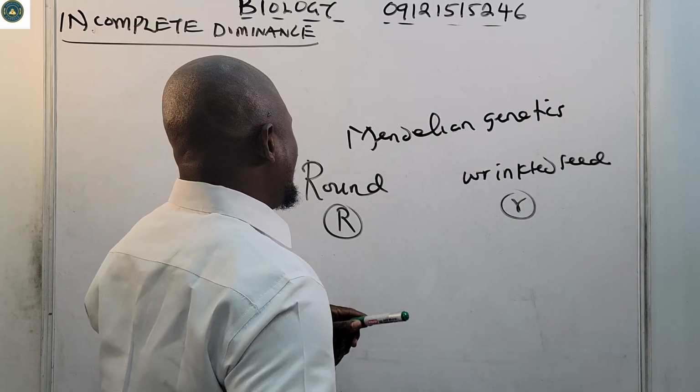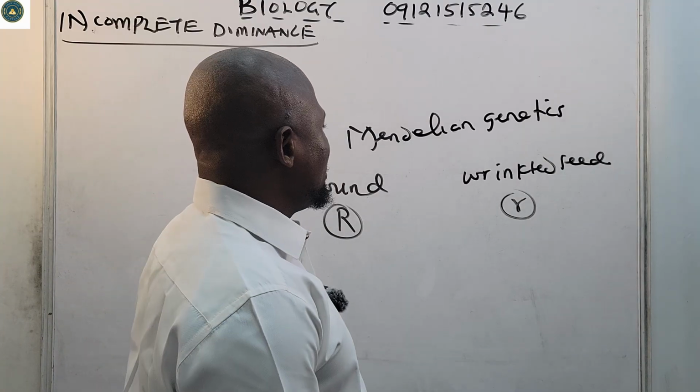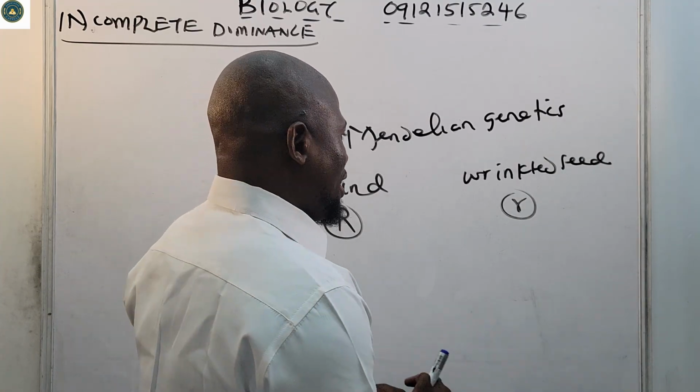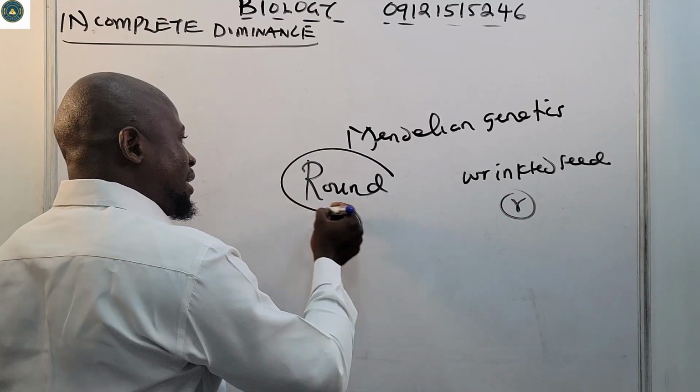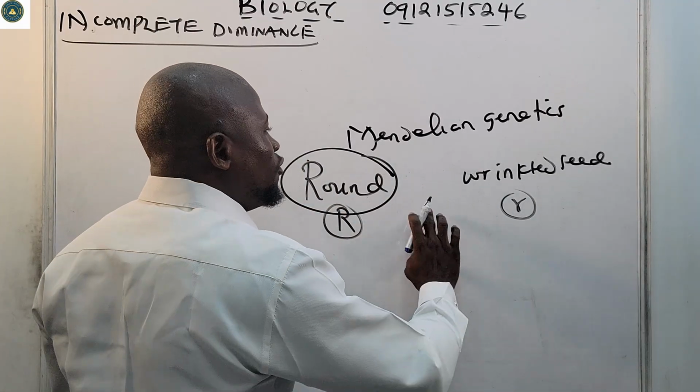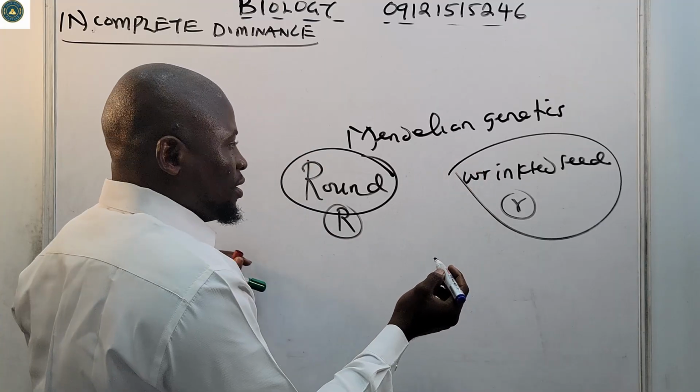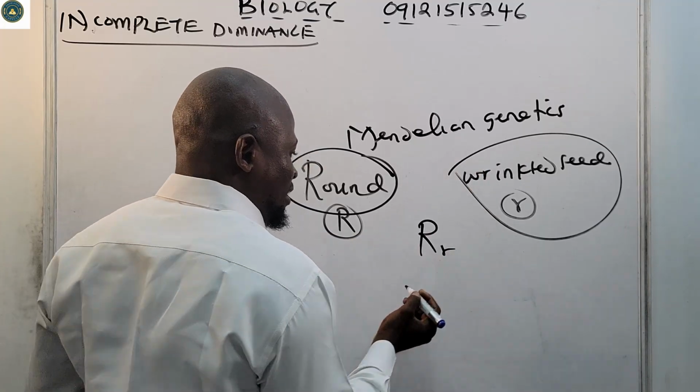Now, if you have a round seed together with a wrinkled seed, what happens? The round, which is dominant, will overshadow the recessive. If they come together, I'm going to have something like this.